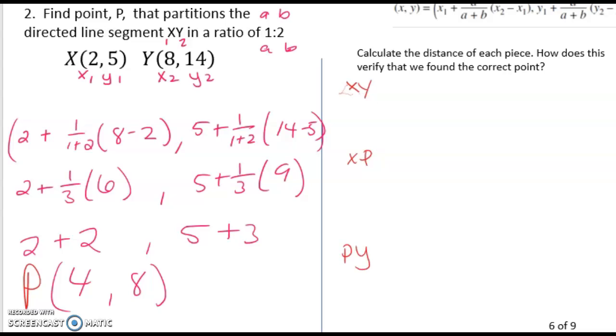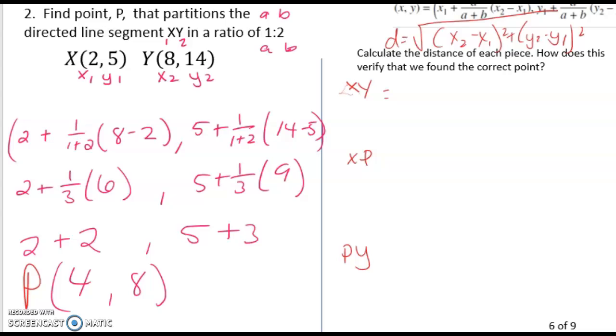I'm doing that because I want to show you that there is a ratio that can be calculated from that. We know the distance formula is the square root of (x2 minus x1) squared plus (y2 minus y1) squared. It doesn't matter which one you choose to be your x1, y1 and your x2, y2.